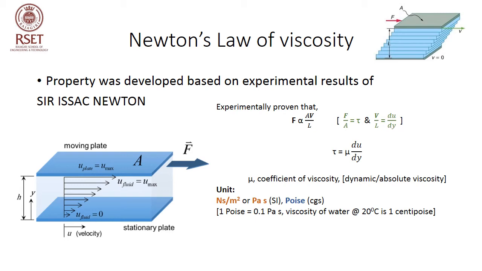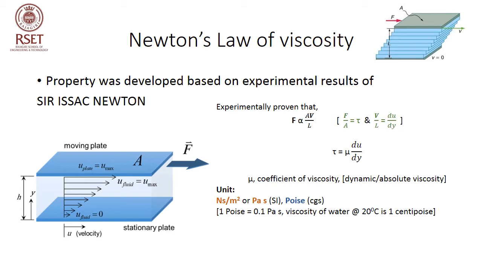So if you take that, you will get tau directly proportional to dou u by dou y. Now in order to remove this proportionality, we introduce a constant called mu, which is called the coefficient of viscosity, a property of the fluid. Now here you can see the shear stress will be more under which condition, if I take two different fluids under the same condition? Tau equals mu into dou u by dou y.